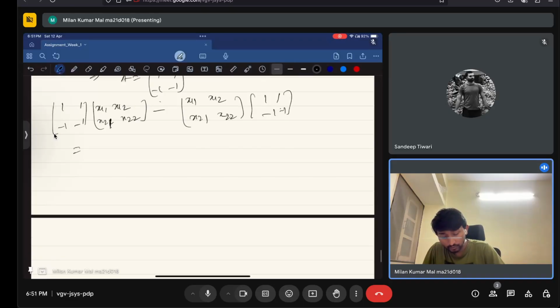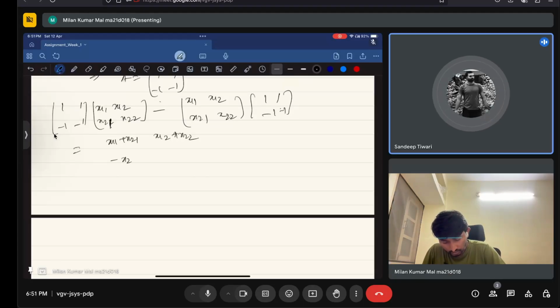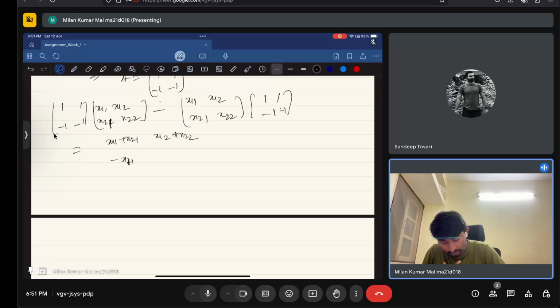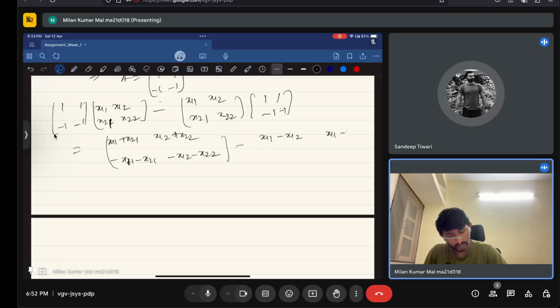So what we'll get: first one will be x11 plus x21, second one will be x12 plus x22, third will be minus x11 minus x21, and fourth minus x12 minus x22. And the other product will be x11, x12, minus x11, minus x12.